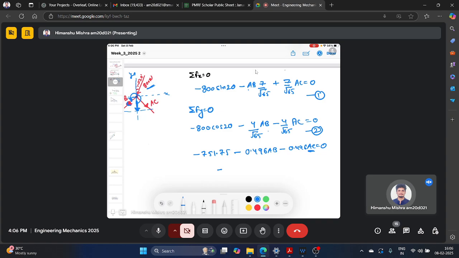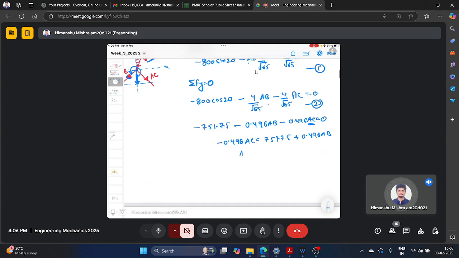So it will be minus 0.496 AC equals 751.75 plus 0.496 AB. So I can write AC as minus 751.75 minus 0.496 AB divided by 0.496. So now I have written this equation in terms of AC. You can also write in terms of AB, it's actually a choice.